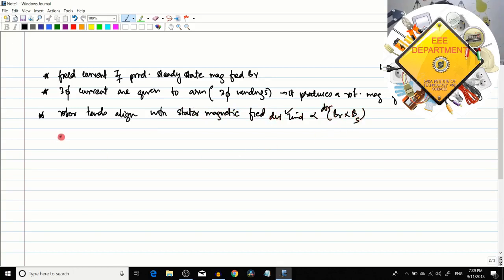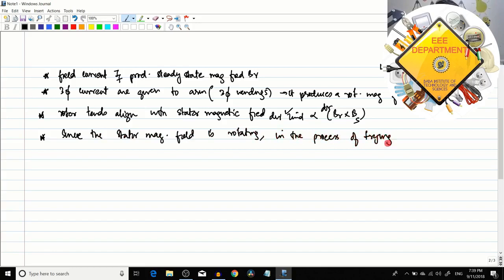Since the stator magnetic field is rotating, in the process of trying to align with the stator field, the rotor also rotates. So they are both getting magnetically locked with each other.